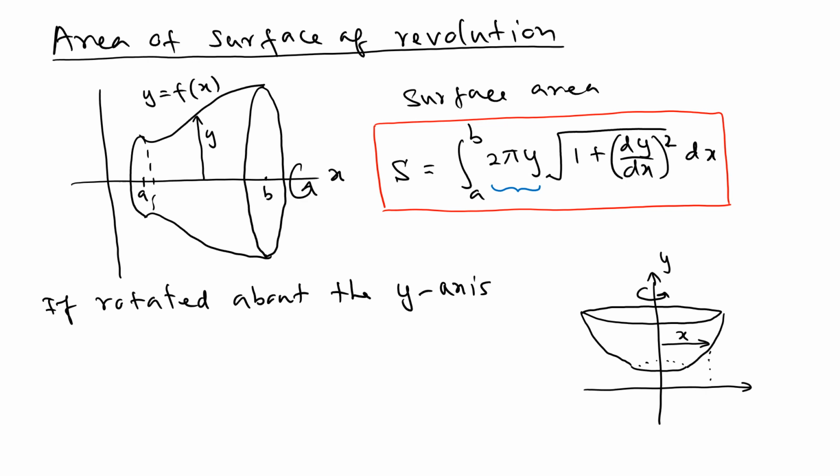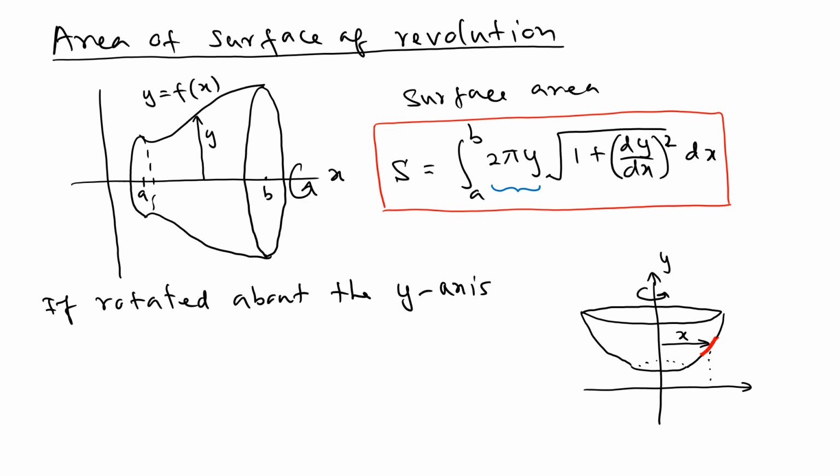So you simply replace it. The length we can still keep, because it doesn't really matter whether for the length you do it with respect to x or with respect to y. So that part doesn't change. The only thing that changes is the x coordinate.